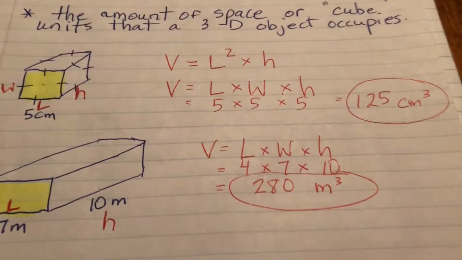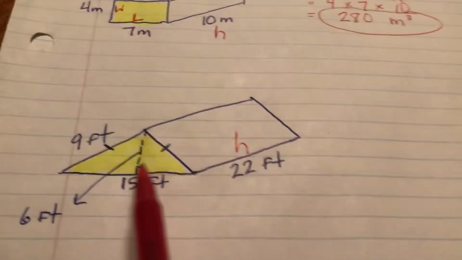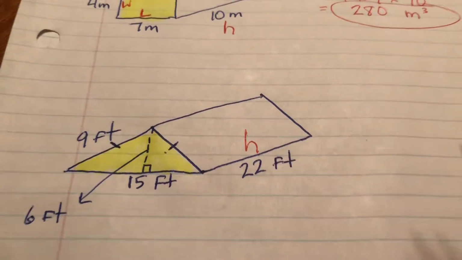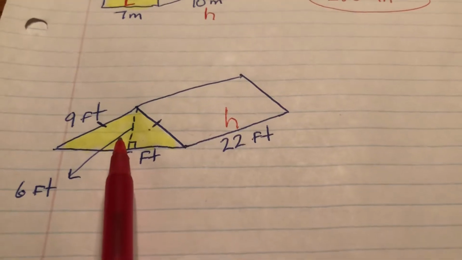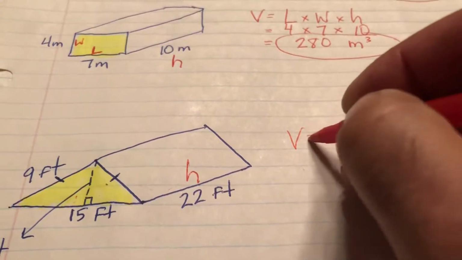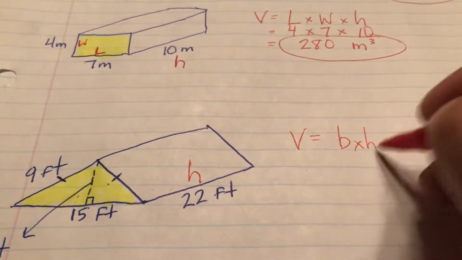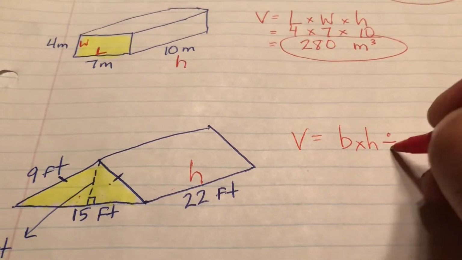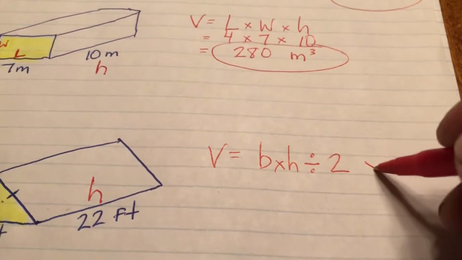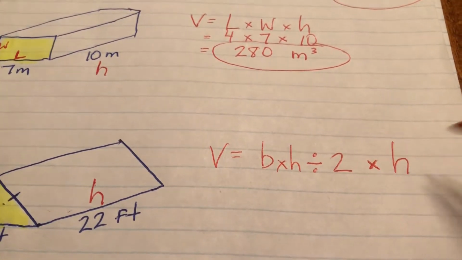Okay, now, triangular prisms. We have to find the area first of this base, which is the yellow region, then times the height. So that yellow region is a triangle. We have to go base times height divided by 2. So volume is equal to base times height of the triangle divided by 2, and then we times it by the height of the shape.